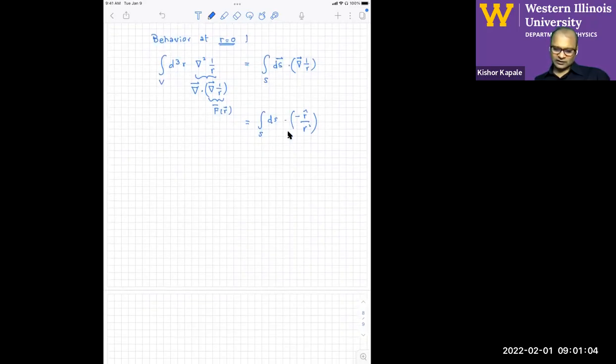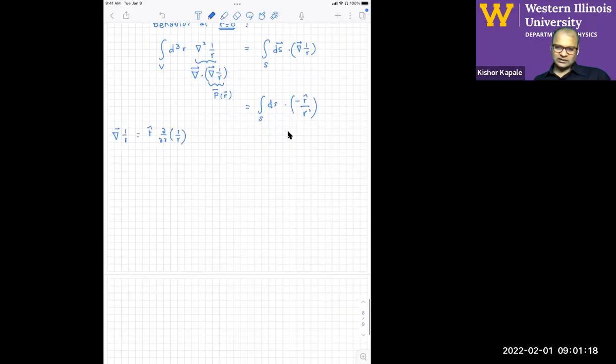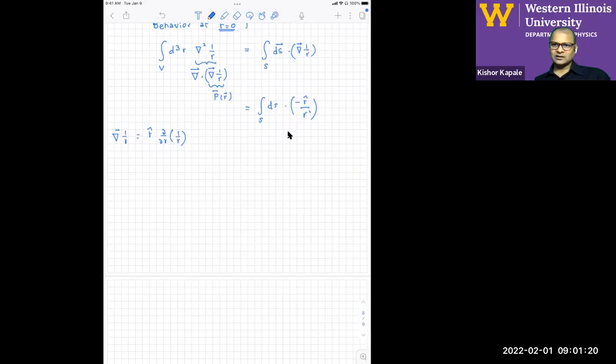It's basically r hat times the derivative with respect to r of 1 over r, which is going to be negative 1 over r squared. It's going to be this. Everybody okay with that? I'm hoping I'm not assuming too much, right?